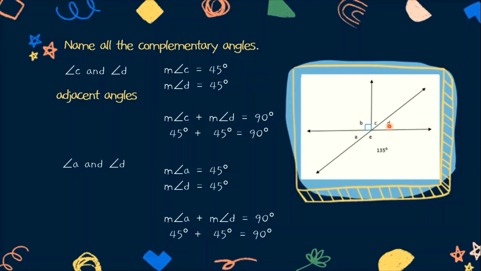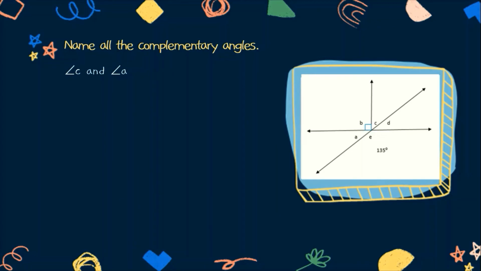Therefore, kahit magkalayo yung angle A and D, sila ay complementary pa din dahil ang kanilang sum ng kanilang measurement ay 90 degrees. And as mentioned earlier, aside from being complementary angles, they are also vertical angles because they are opposite to each other.